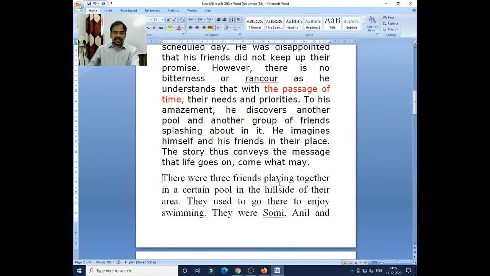This is all about the message the story gives you: life can go on, come what may. With the passage of time, everyone has to change also. You have to accommodate yourself, because time is very powerful. It can change anything.